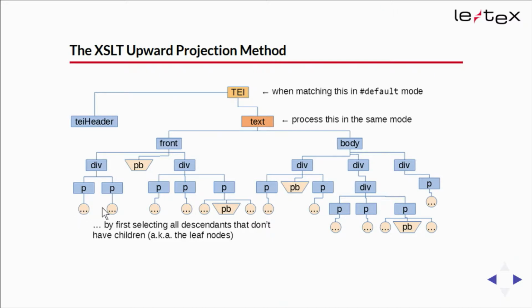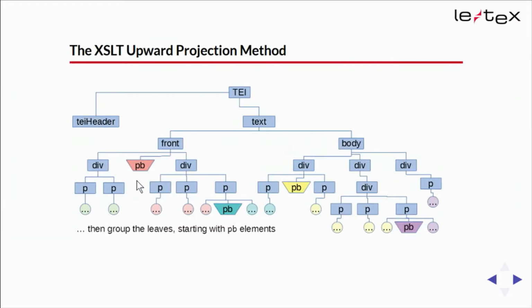When processing it, we start here, but then we stop here and we select all the leaf nodes, and then we group them. You might guess where we will group them: at the page breaks. So each PB element starts a new page.